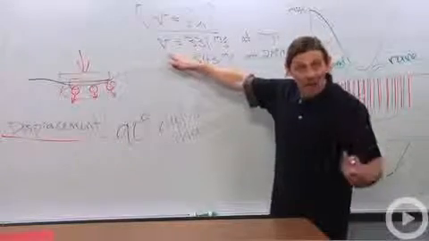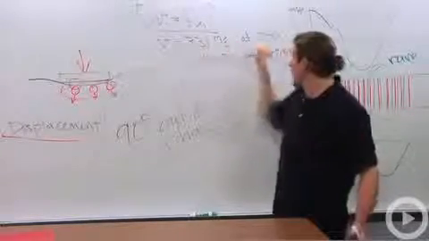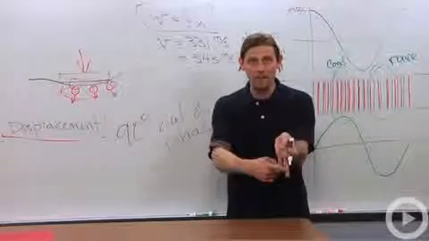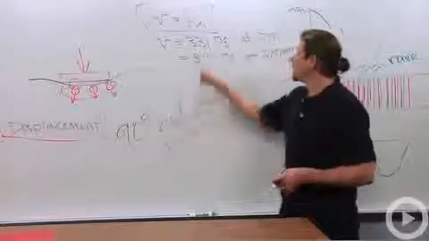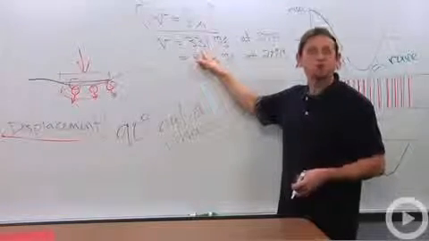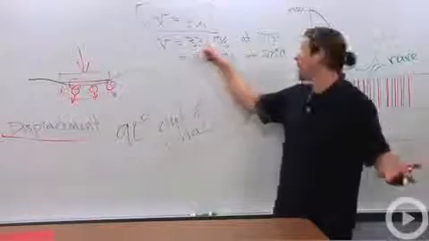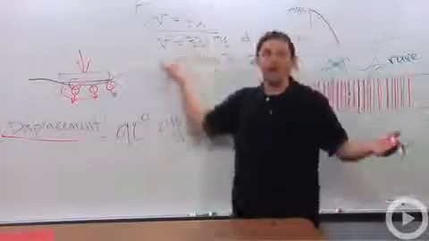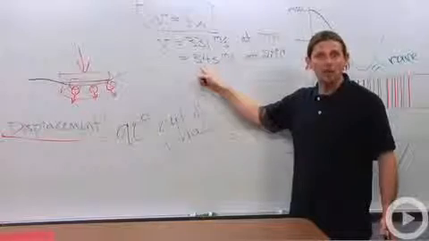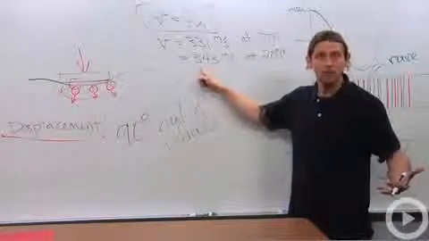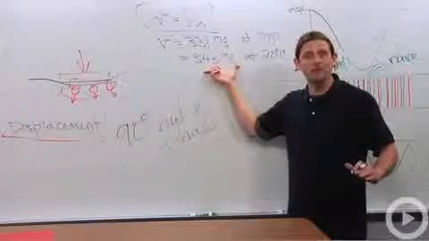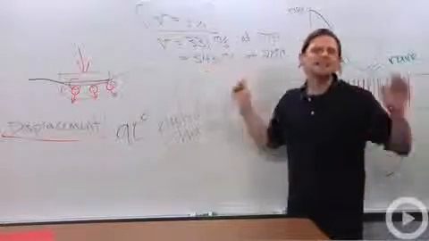In air, at standard temperature and pressure, that's 0 degrees Celsius and 1 atmosphere of pressure, the speed of sound is 331 meters per second. If they give me the wavelength, I know the speed, I'll divide and that'll give me the frequency. At 20 degrees Celsius, which is more like room temperature, again 1 atmosphere pressure, the speed of sound is 343 meters per second. Same thing.